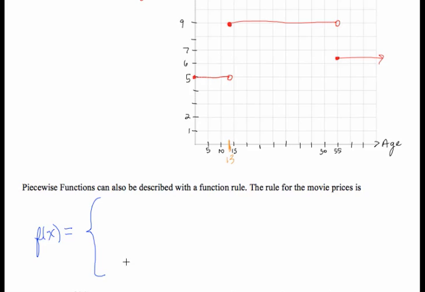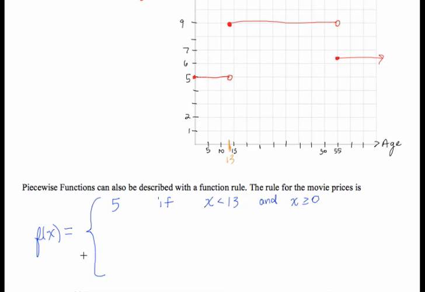Now the first part is that y is, remember f of x is y, so y equals 5 if x is less than 13. It's obvious in this case that x has to be bigger than 0, but you could go ahead and say x is greater than or equal to 0. That's obvious because no one is less than 0 years old.